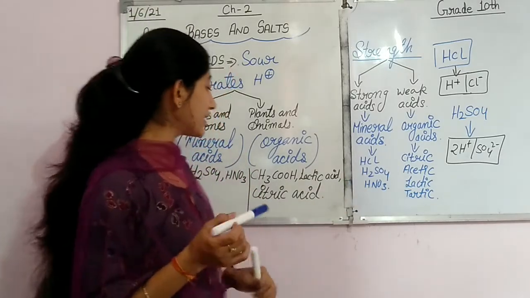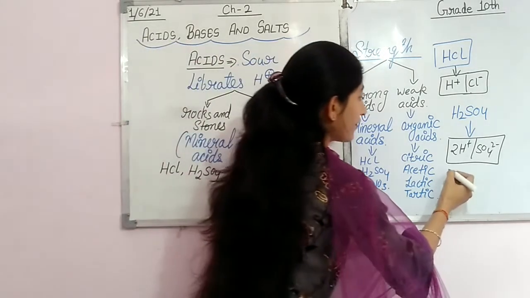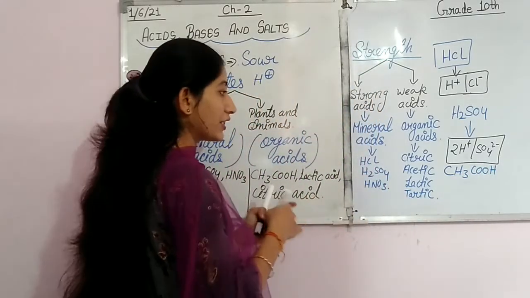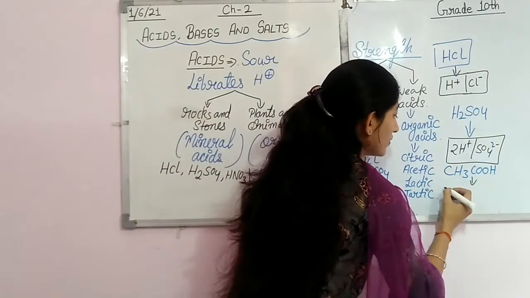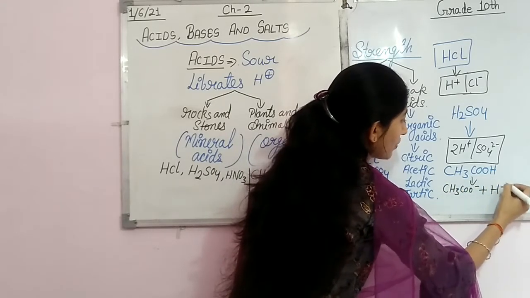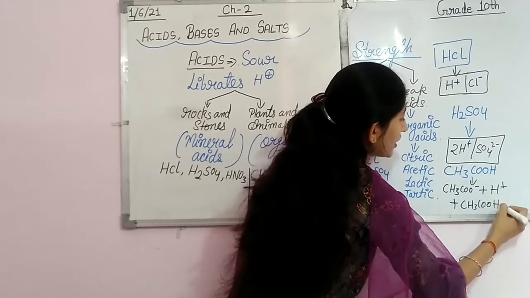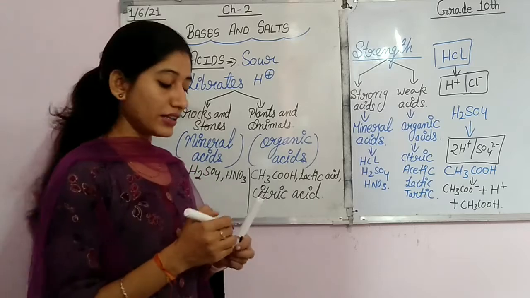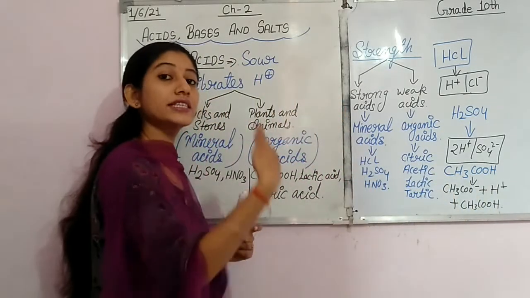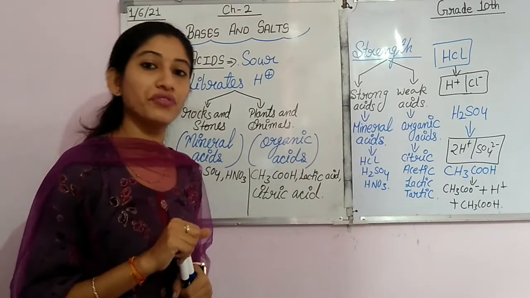Now why am I saying that CH3COOH is not dissociating completely? Because when we take CH3COOH for dissociation, it will form CH3COO- plus H+, and again CH3COOH will be left. Means in this way, somewhere this acetic acid will be left, means it does not dissociate completely in one time.